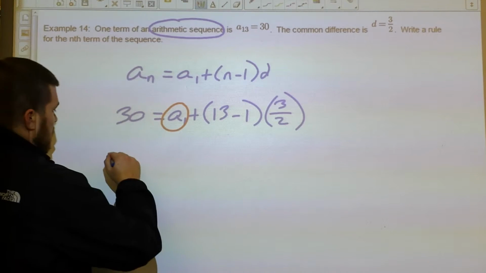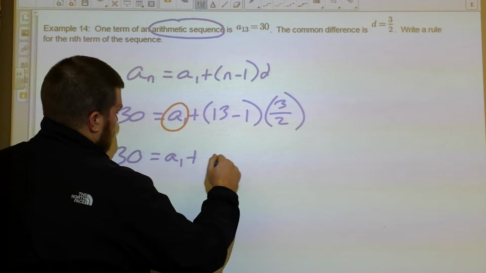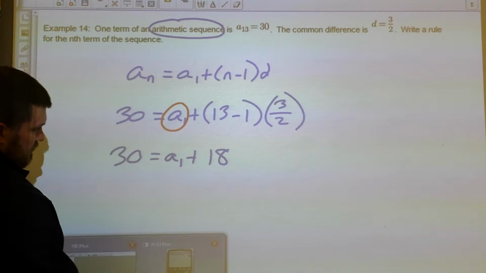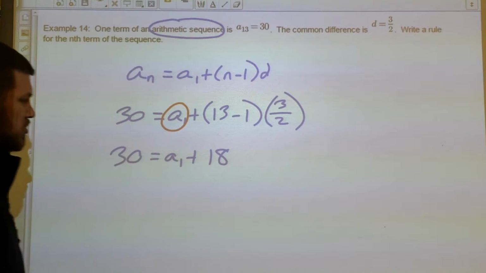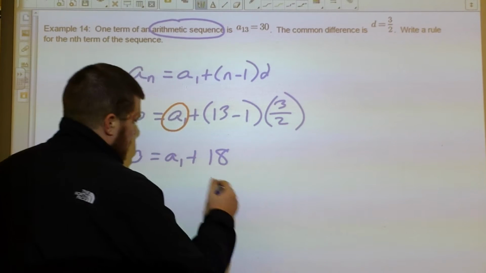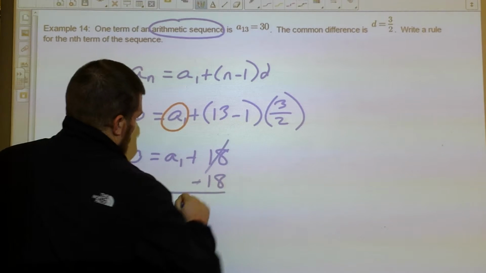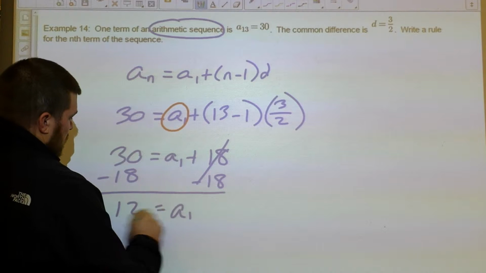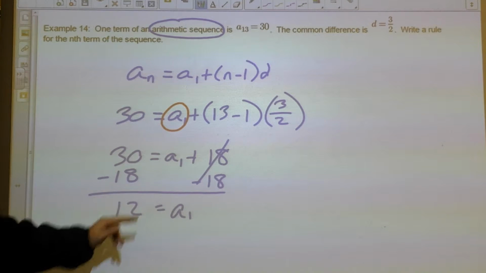So I have 30 equals a of 1 plus 18. Now it's a very easy process. We're just going to subtract 18 on each side. So a of 1 is 12. That tells me that in the first position of this sequence lives a 12.